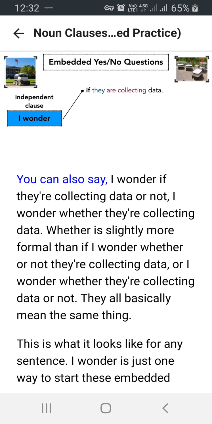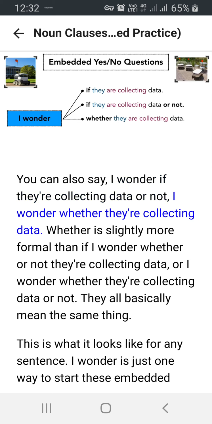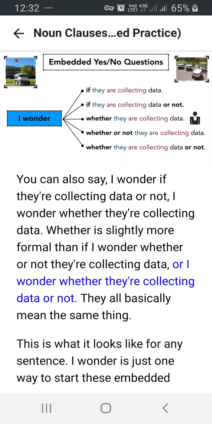You can also say, I wonder if they're collecting data or not. I wonder whether they're collecting data. Whether is slightly more formal than if. I wonder whether or not they're collecting data, or I wonder whether they're collecting data or not.